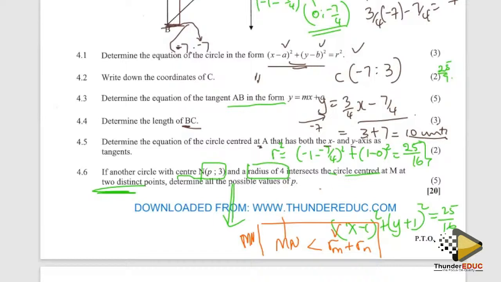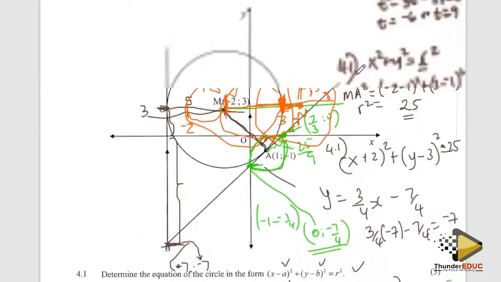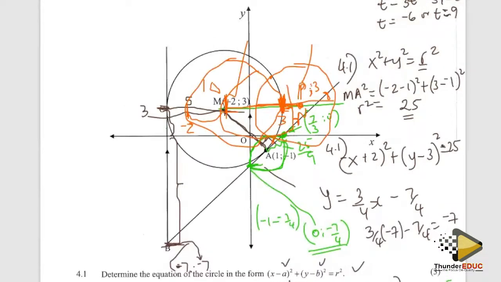Let me just put it. Negative 2 must be less than P, and what is that value? Because we say this is negative 7, 2 blocks are left, so this is a negative 5.